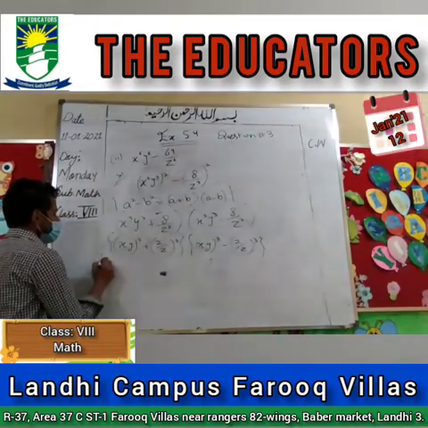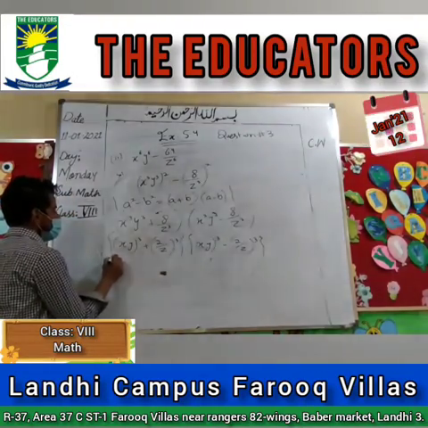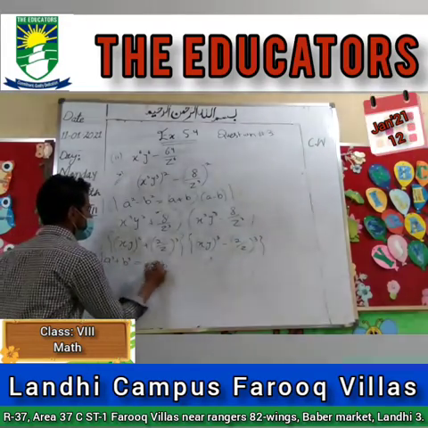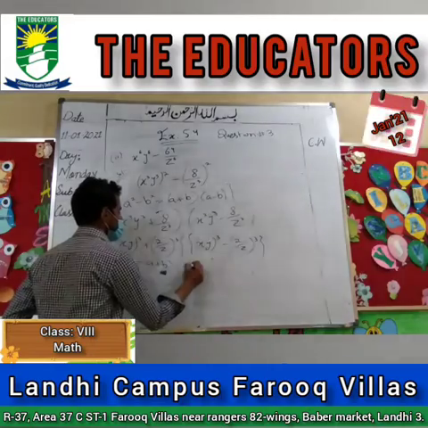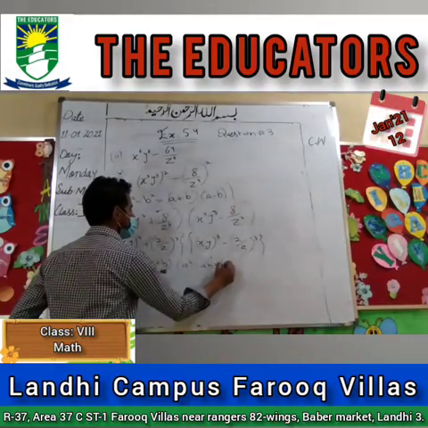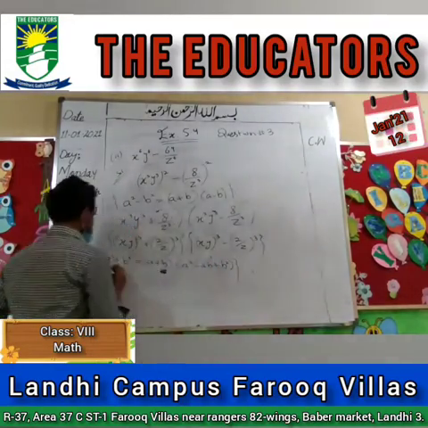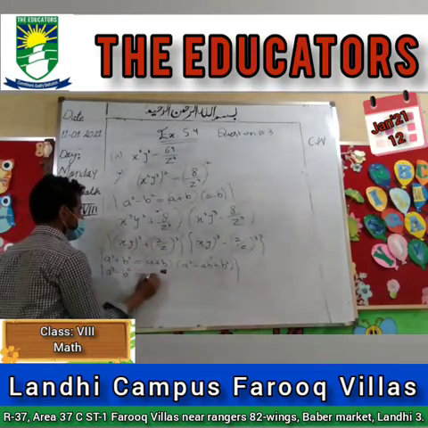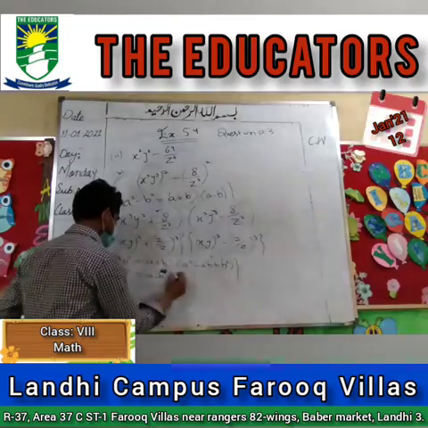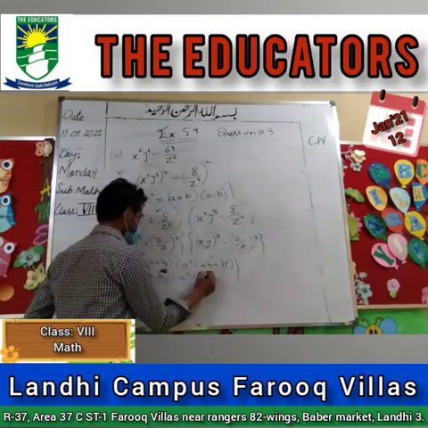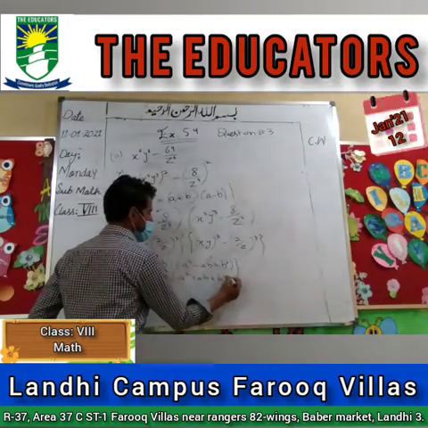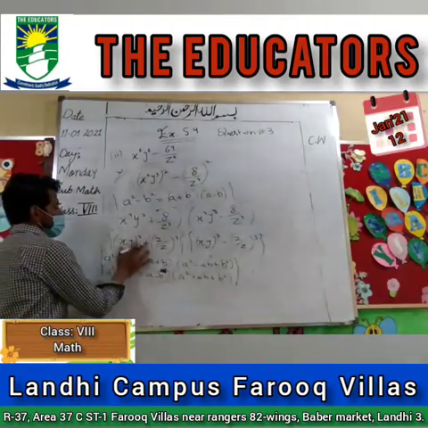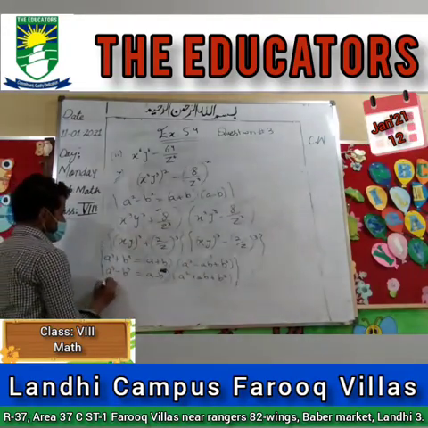I am mentioning these two formulas here. a cube plus b cube is equal to a plus b into a square minus ab plus b square, and a cube minus b cube is equal to a minus b into a square plus ab plus b square. Okay. So these two formulas we are going to use together in our next step.